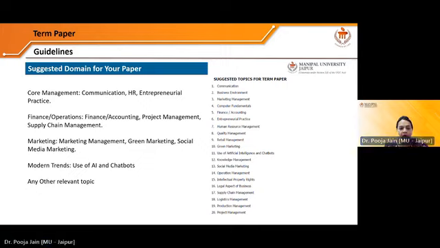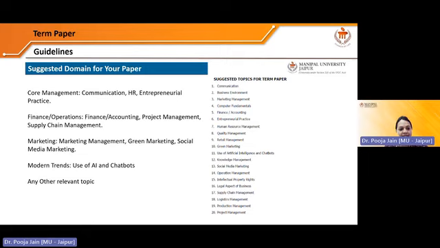If you have an interest in core management, then you can choose a topic related to communication, HR, and entrepreneurial practices as well. If you want to do research in finance or operations, then the suggested topics are finance and accounting, project management, and supply chain management.